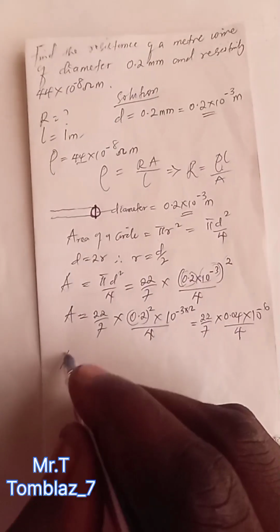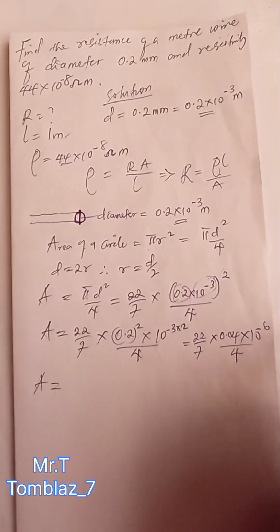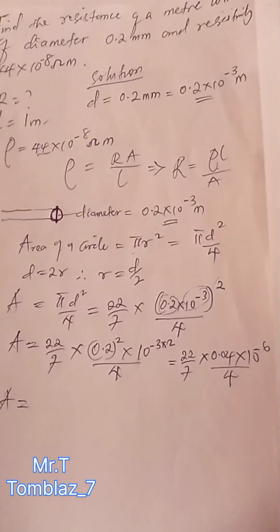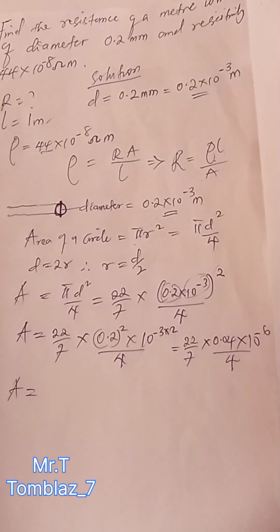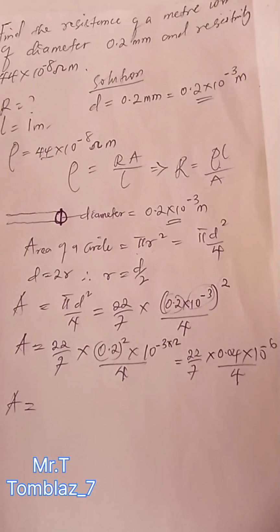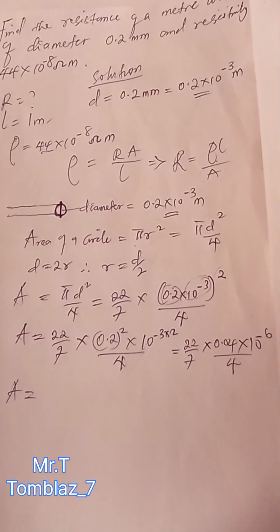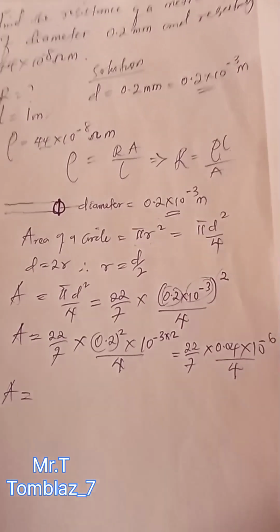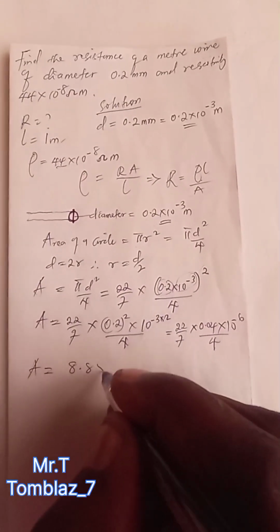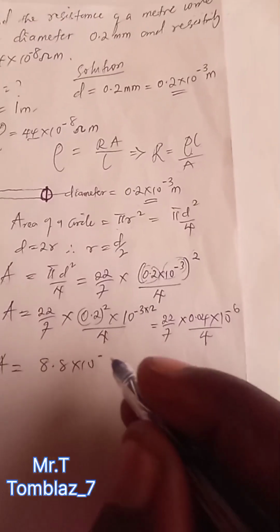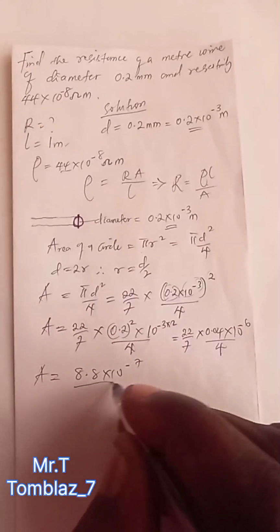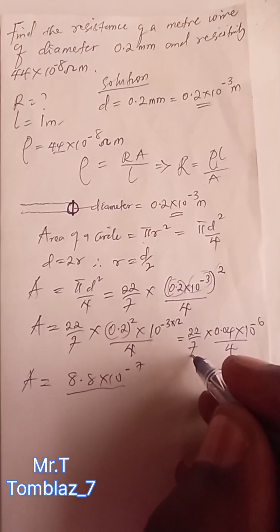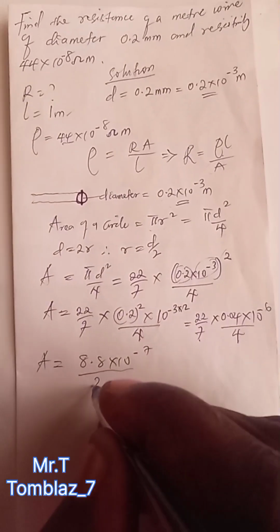So let's multiply the numerators together. This is going to be 22 times 0.04 times 10 to the minus 6, right? So we have 8.8 times 10 raised to minus 7, all divided by 7 times 4, which gives you 28.